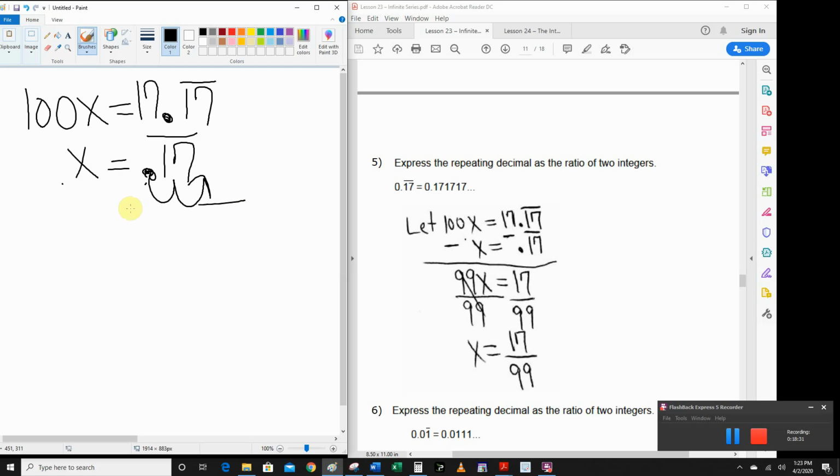Subtract everything is the next step. So 100x minus 1x is 99x. And on the other side, the 0.17s repeating cancel out, leaving us with just 17.